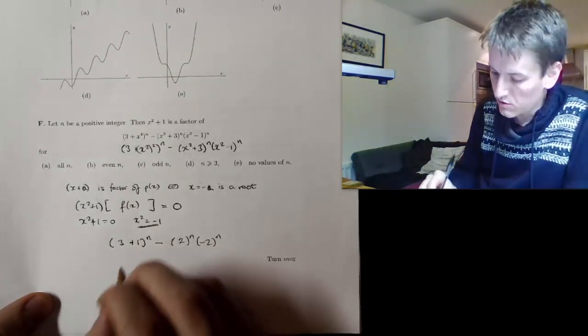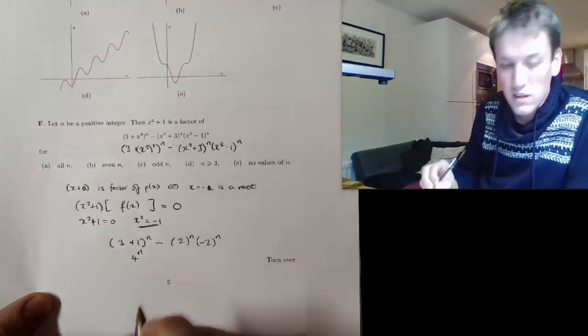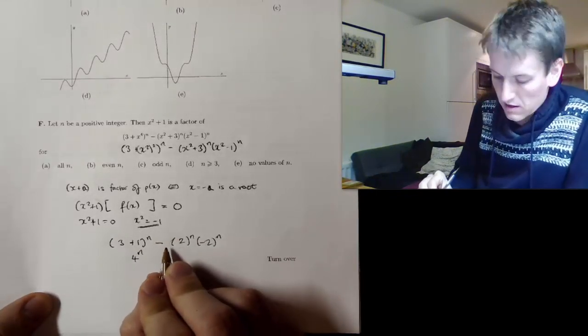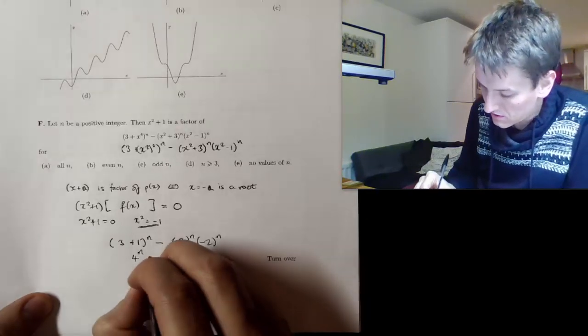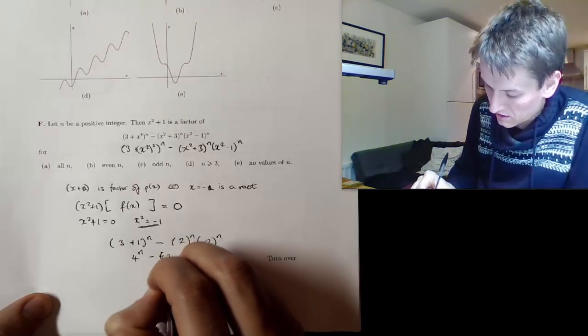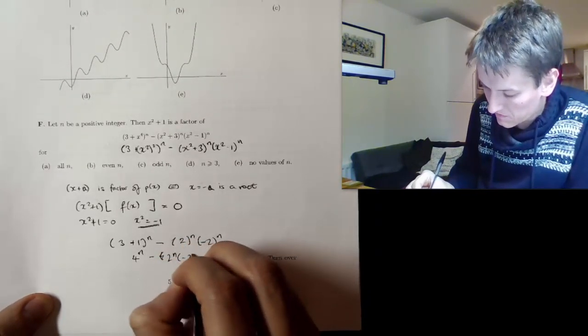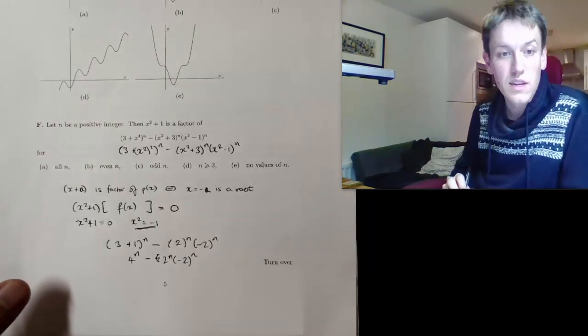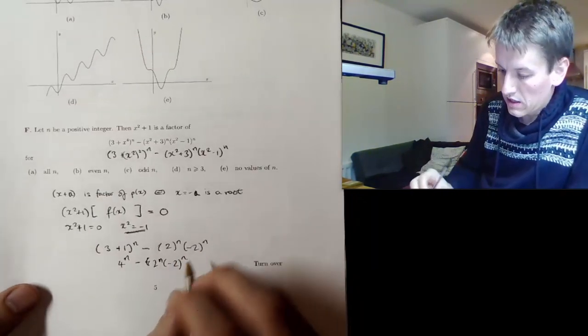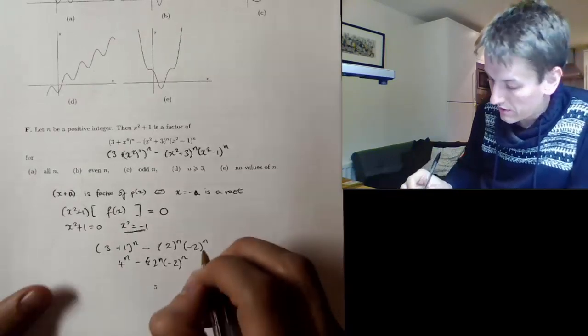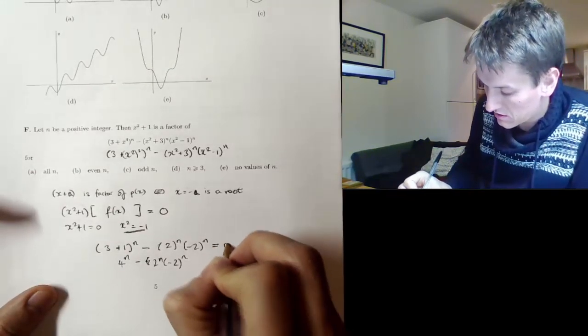Let's leave that as minus 2 to the n times minus 2 to the n, and we would want that to be equal to 0.